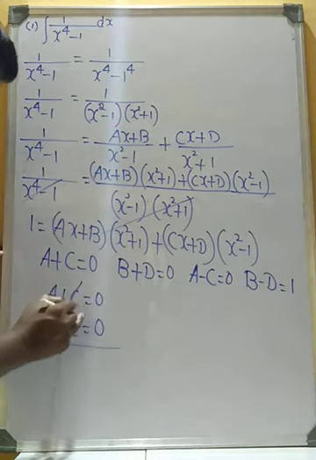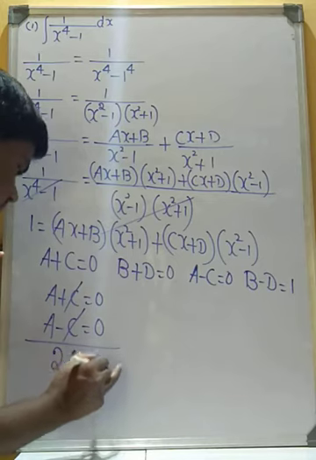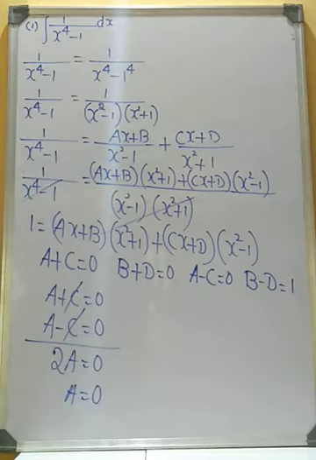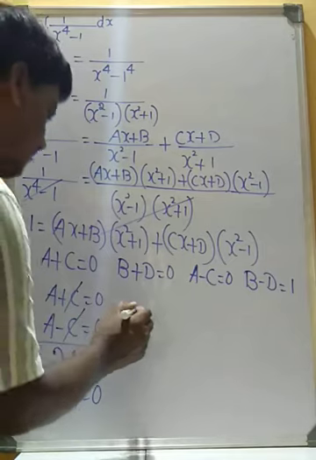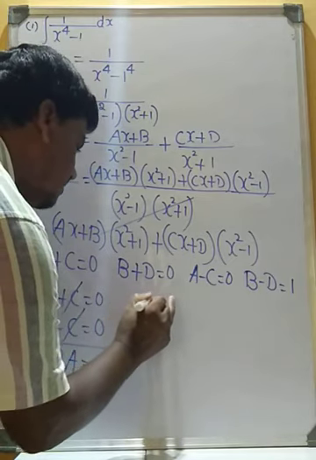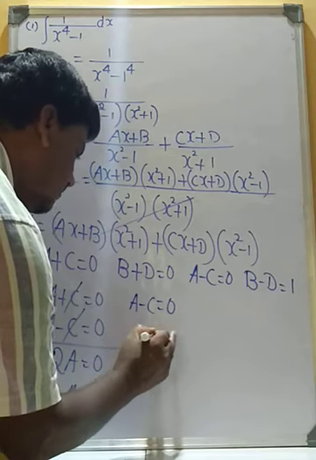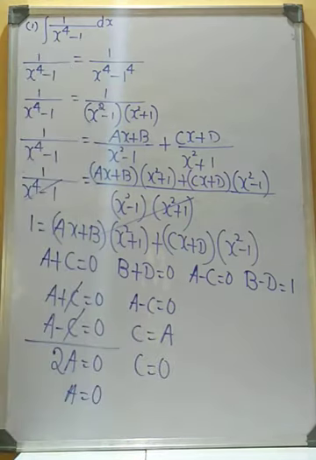Adding, plus c minus c cancels, therefore 2a equal to 0, therefore a equal to 0. Using the a value, find c: a minus c equal to 0, therefore c equal to a, therefore c equal to 0.